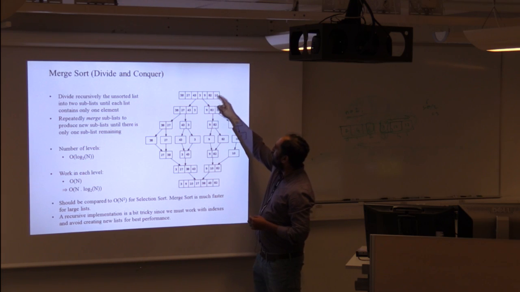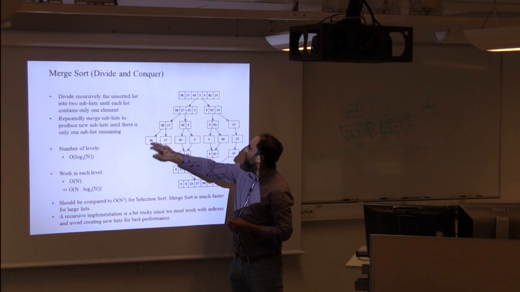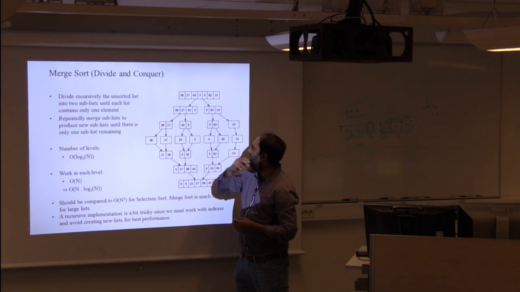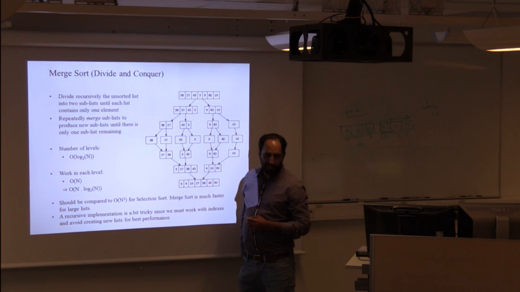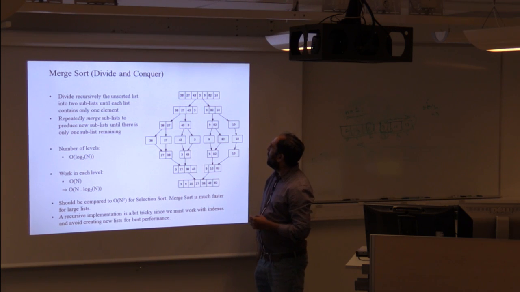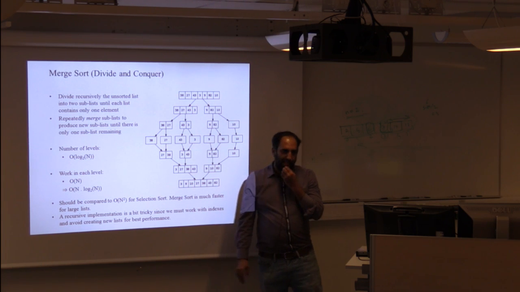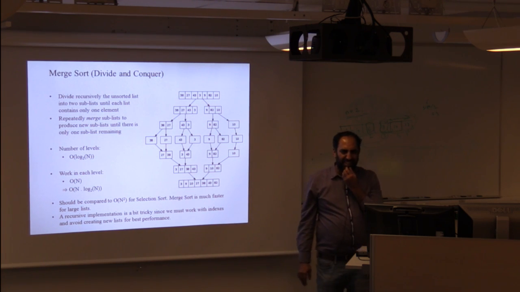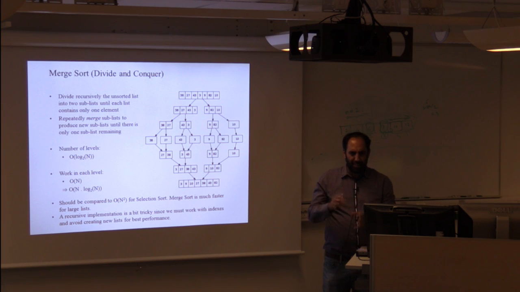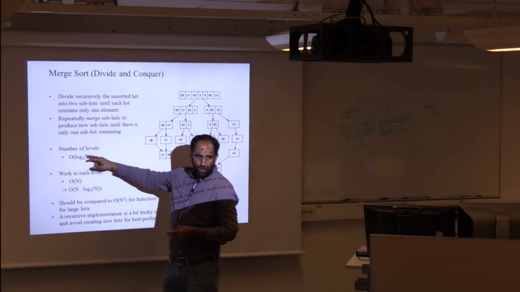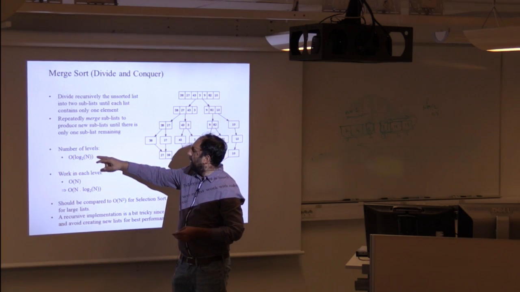If the size is 7, how many times does it take to divide and merge? 1, 2, 3 for the divide. If you compare 3 in terms of size, 2 raised to the power 3 is 8. So approximately, it becomes logarithmic.